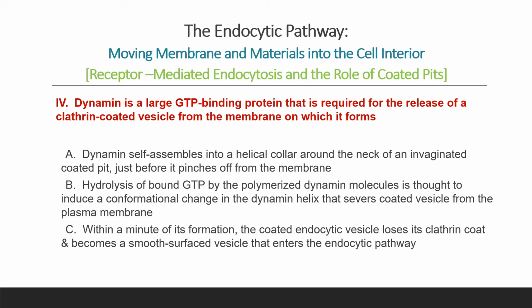Hydrolysis of the bound GTP by the polymerized dynamin molecules is thought to induce a conformational change in the dynamin helix that severs coated vesicles from the plasma membrane. Within a minute of its formation, the coated endocytic vesicle loses its clathrin coat and becomes a smooth-surface vesicle that enters the endocytic pathway.